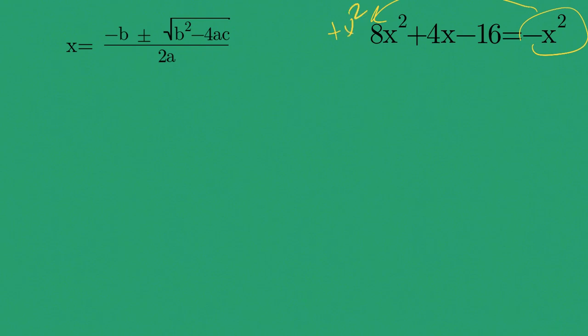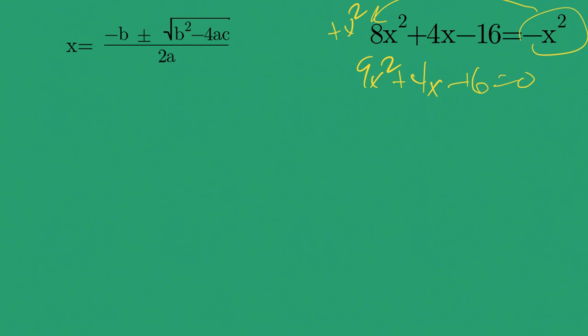So 8x squared plus 1x squared is how many x squareds? 9x squared. So 8x squared plus 1x squared, 9x squared, plus 4x minus 16 equals 0.